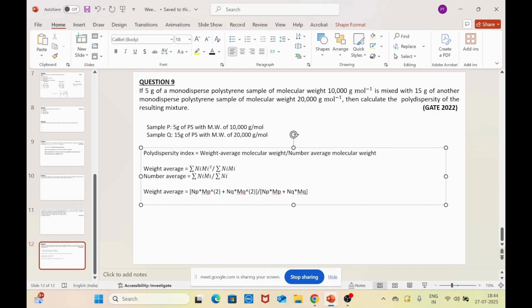Is this okay? Similarly, for number average, you write it as NP MP plus NQ times MQ divided by NP plus NQ.